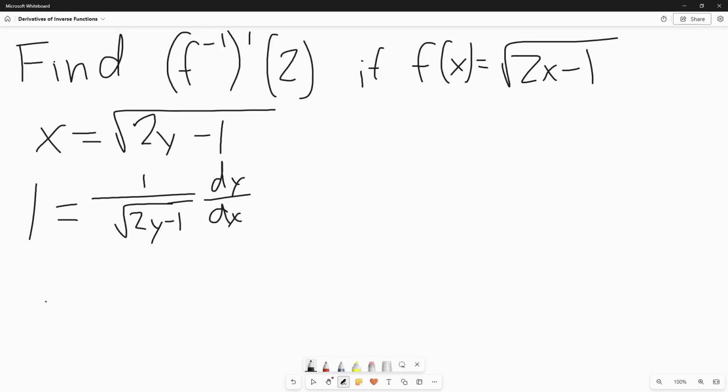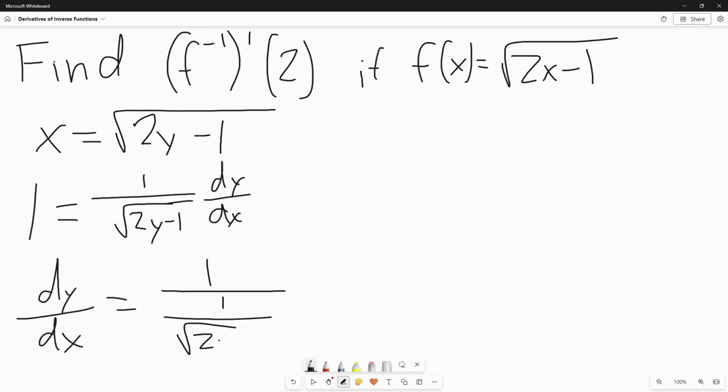And this can be rewritten as dy over dx equals 1 over square root of 2y minus 1. And then if we multiply both the numerator and the denominator by square root of 2y minus 1, we just get square root of 2y minus 1 as our final answer. So dy over dx is square root of 2y minus 1.